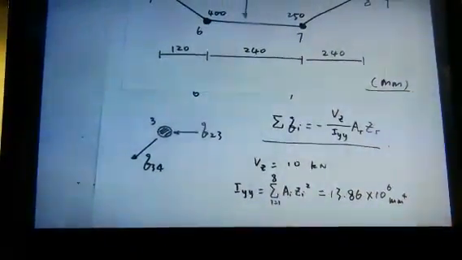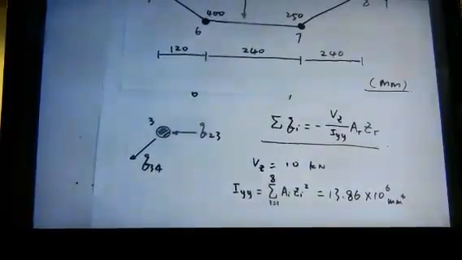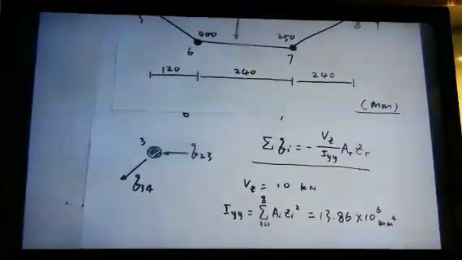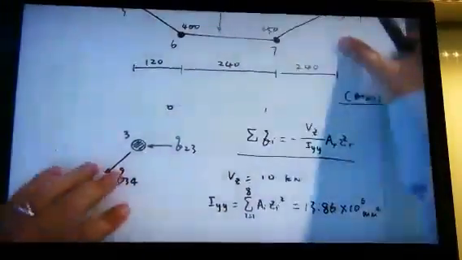Okay, this is Iyy. Just use that equation, area times coordinate squared, and you will get this Iyy. It's probably the center of mass coordinate.